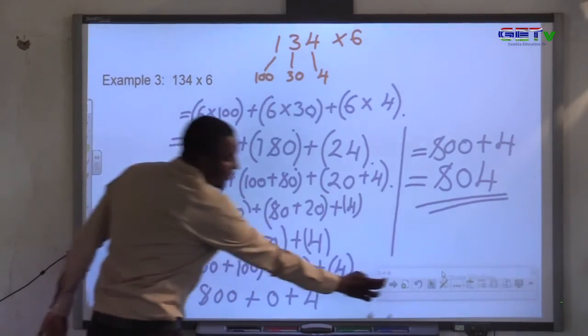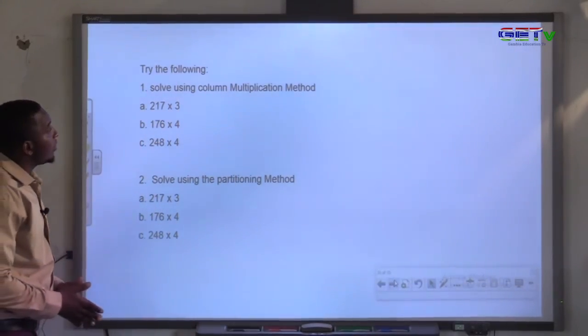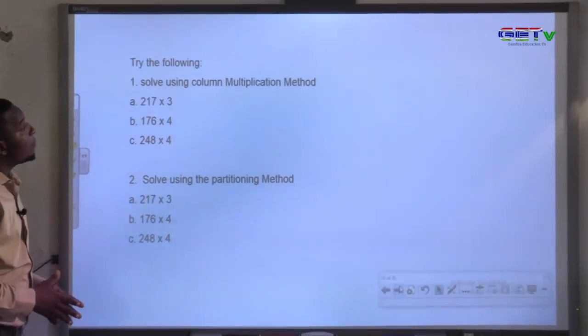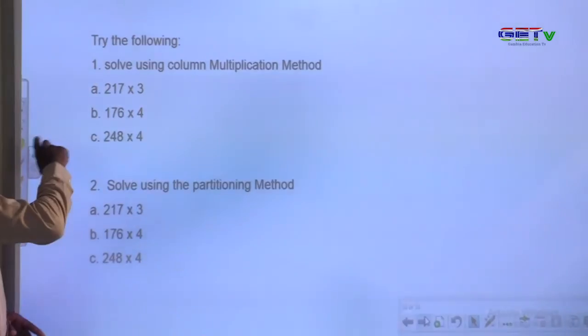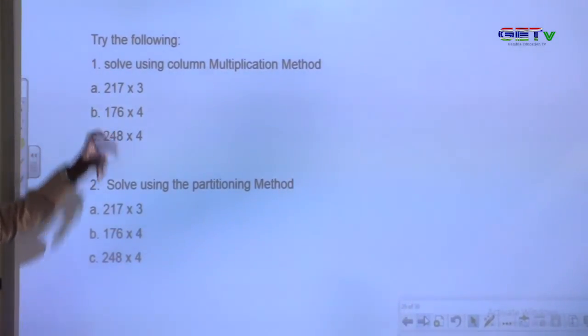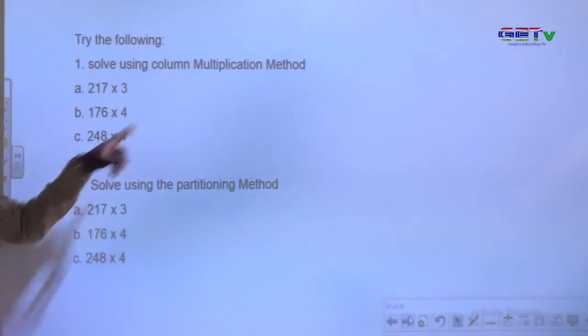And again, I'm leaving you with some try questions. The questions are not many, there are only 3. You can try them at home. You're going to solve using column multiplication. The first one is 217 multiplied by 3. The second one is 176 multiplied by 4.